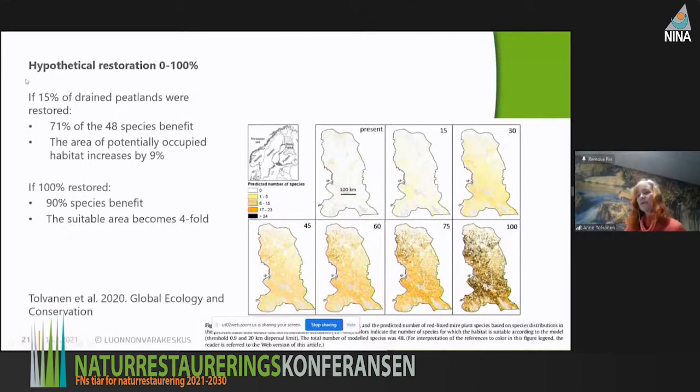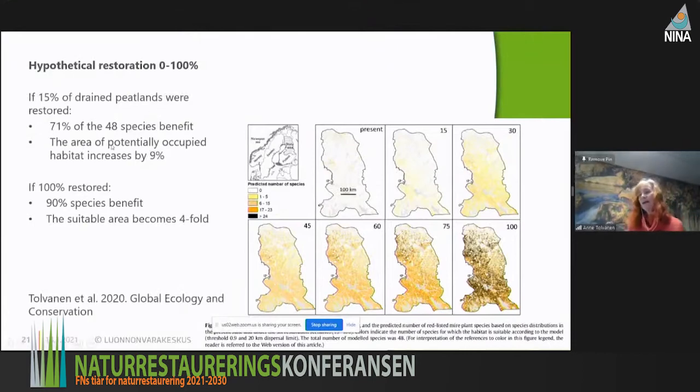The result was that about 71% of these 48 species, you can calculate how many, I don't remember now, benefit. So the distribution of these species increases if we restore 15%. If we vary this drainage percentage in the landscape, if we decrease it by 15%, that's what it means in our models.